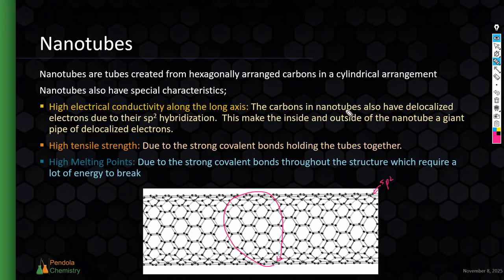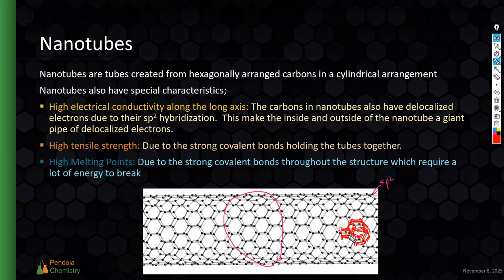The carbon nanotube also has delocalized electrons because the carbons are sp2 hybridized. Again, same explanation. They have those p orbitals on the carbons, and those p orbitals are going to merge together, forming the delocalized pi bonds all over the nanotube.